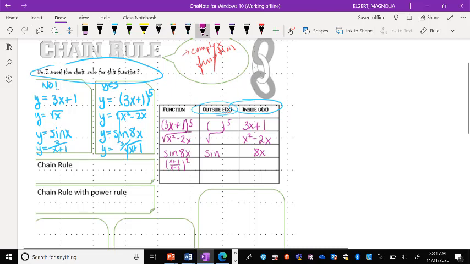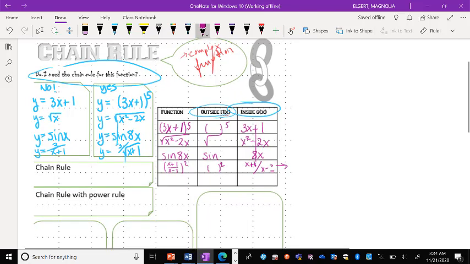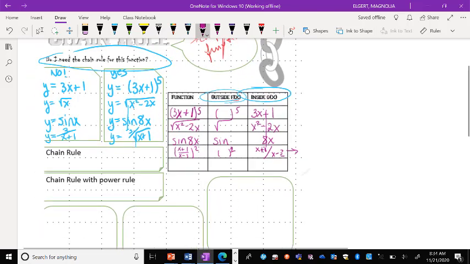The outside function is the squared function. The inside function is x plus 1 over x minus 3. This one is special because we are going to use the chain rule, which we're going to learn, and the quotient rule.